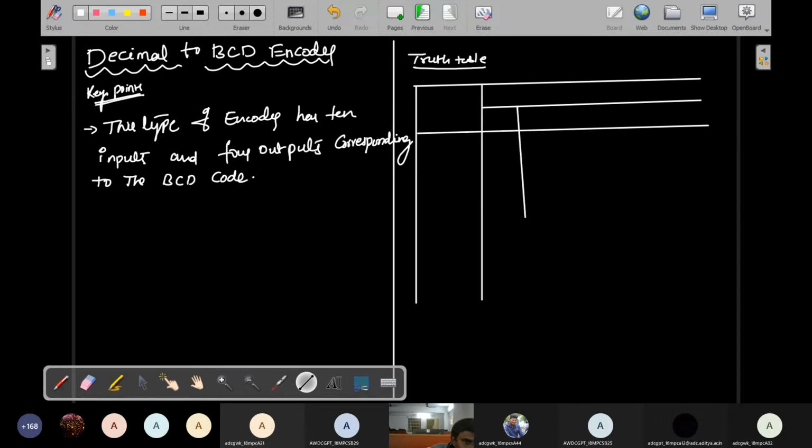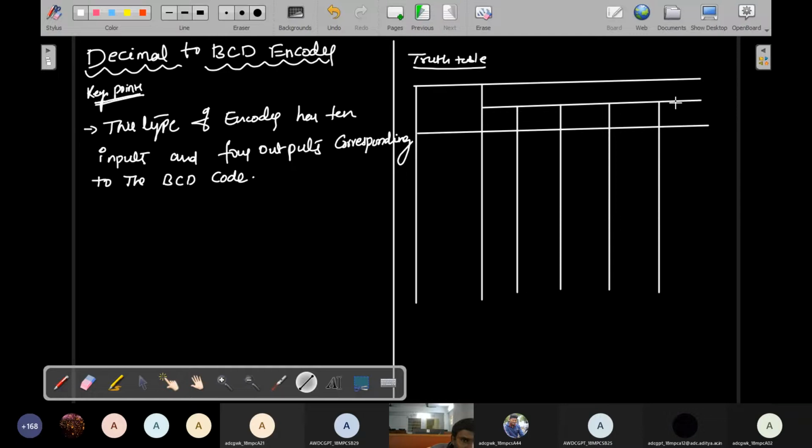So this is input 1, output, 2, 3, 4. These are nothing but the decimal digital display, and this is the BCD code.